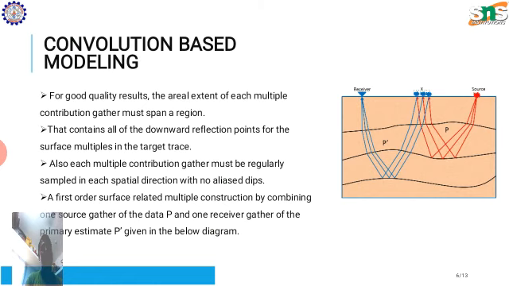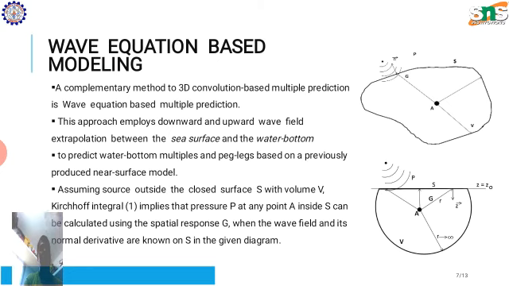To circumvent these acquisition inadequacies, data needs to be pre-processed for SRME and interpolated for missing shots and receivers, thereby increasing computational overheads and making the process compute intensive. This is convolution based modeling.